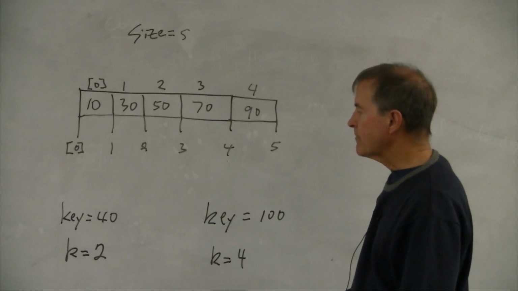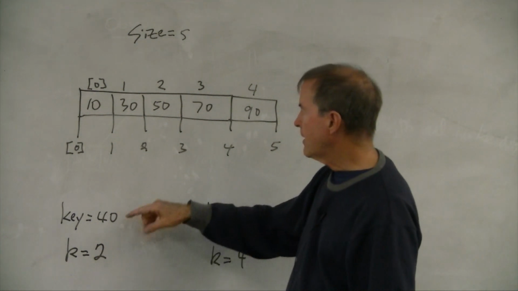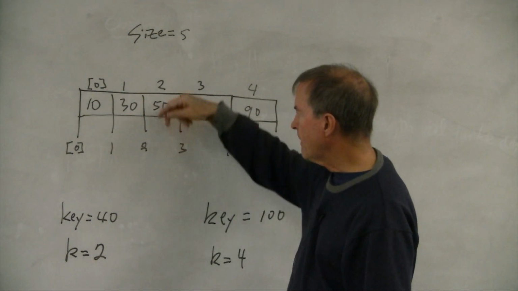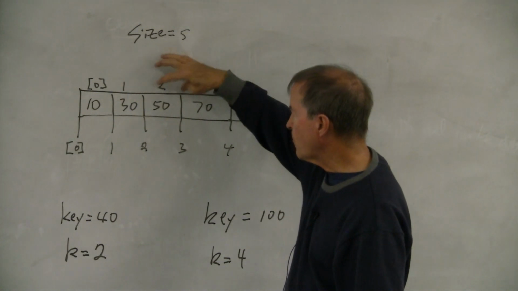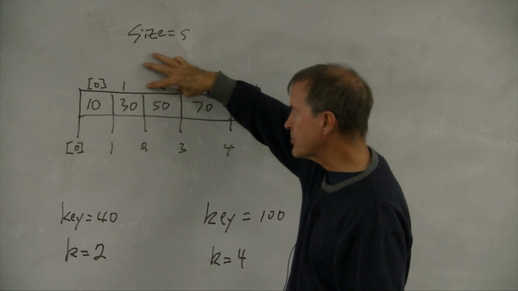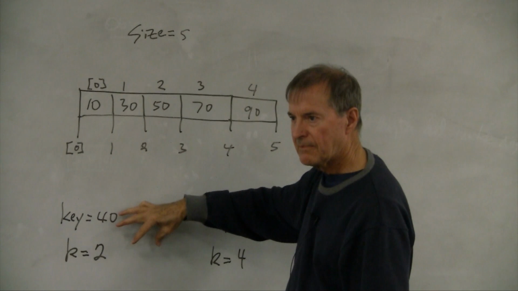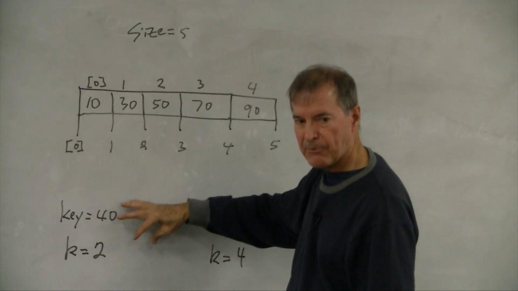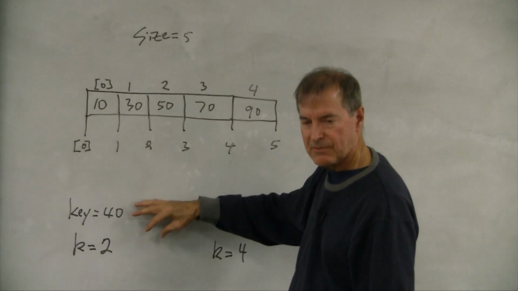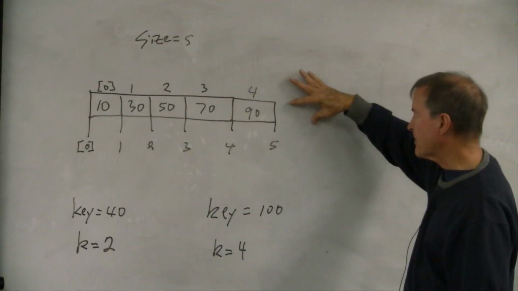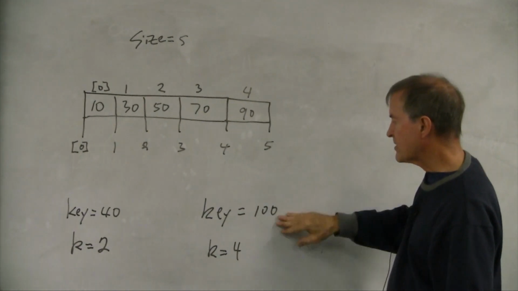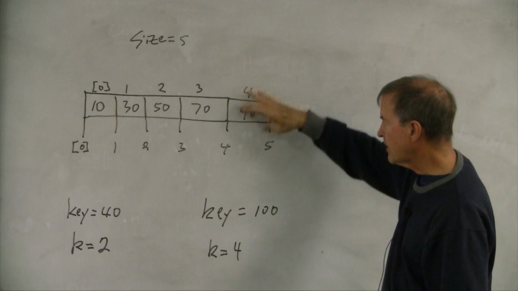So what happens is, if key is 40, the 40 is between the 30 and the 50. What we are going to do is we're just going to arbitrarily push the 50 down, in preparation for finding the 40 somewhere else. But we can't push down something over here. There's nothing to push down. So if key is 100, we're going to push down 90.